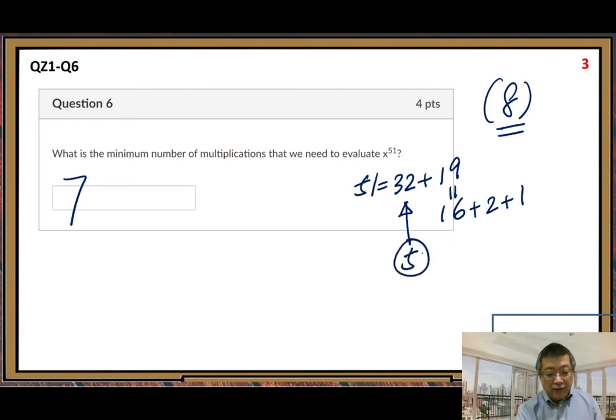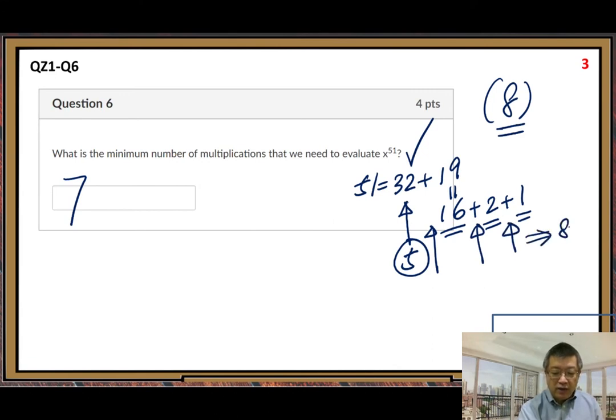But when you get this number, at the same time you get each term already. So then you just need multiplications 1, 2, 3. So 5 plus 3, you get 8. Here you use repeated squaring everywhere. That's the reason you do not get the best solution.